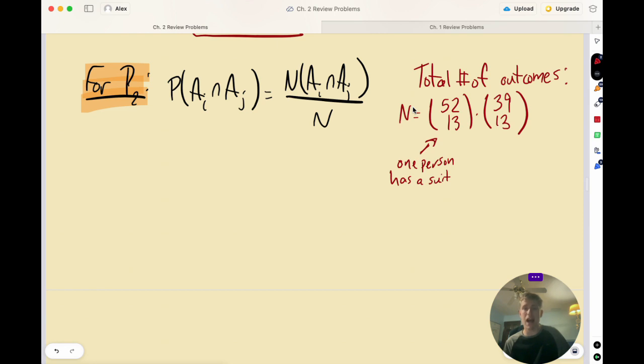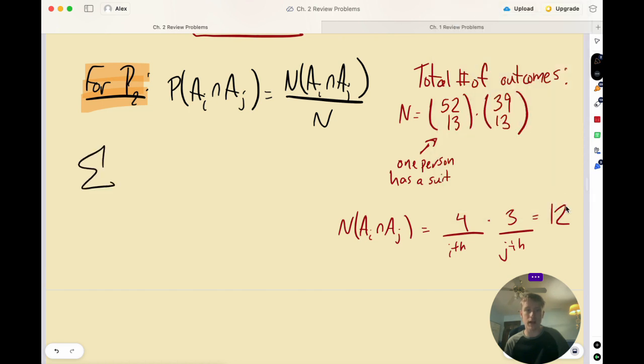Okay, and how many different ways can a sub i and a sub j occur? Let's think about that for a second. This is the ith person, and this is the jth person. Well, there are 4 different suits for the ith person, and after that, if they have one of them, the jth person only has 3 possible suits to choose from. So we have 12 possibilities there.